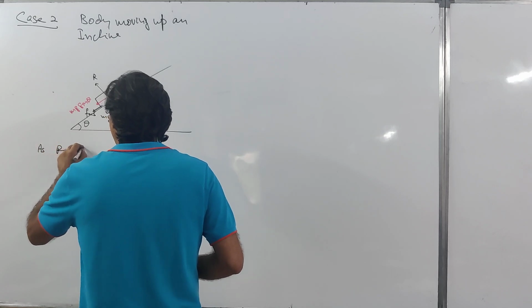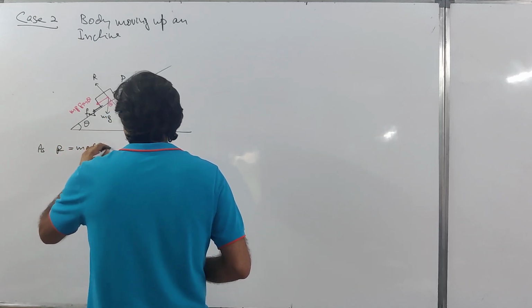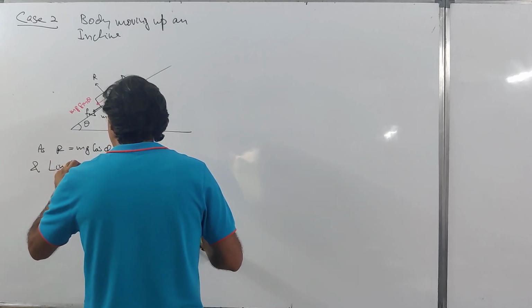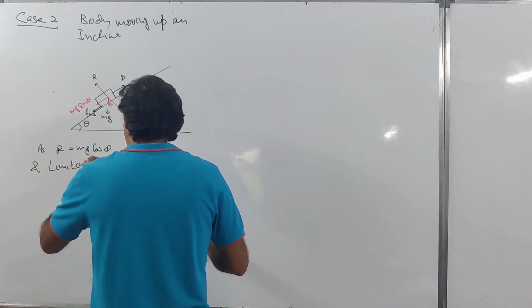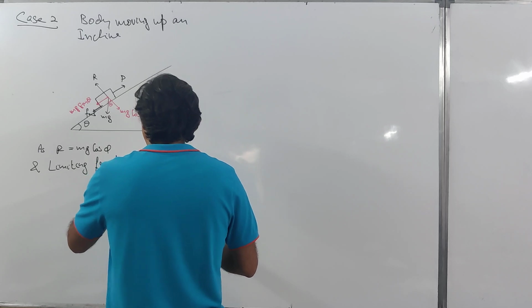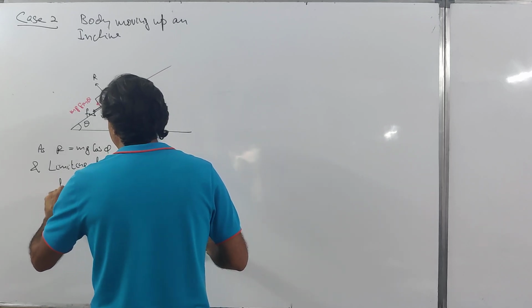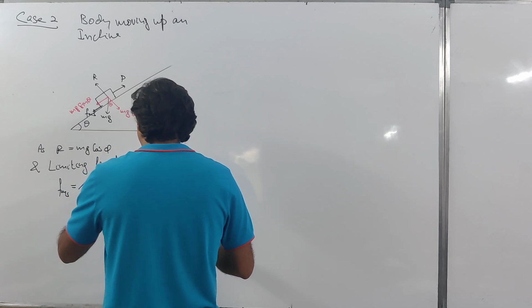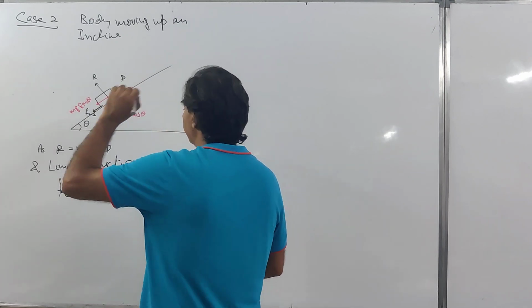As R is equal to mg cos theta, the limiting friction FMS is equal to mu into R, which is mu mg cos theta.